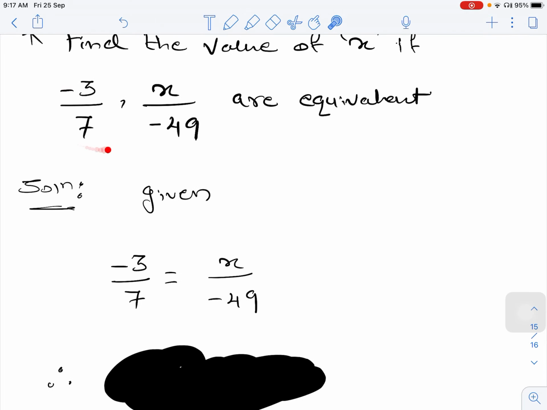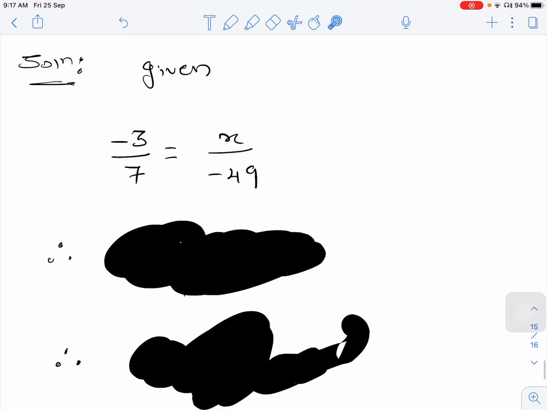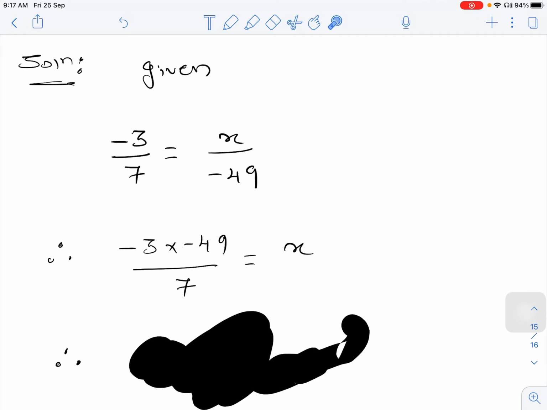So now we have minus 3 upon 7 is equal to x upon minus 49. Okay, now in the next step what we have to do, we will keep this x on one side, and all the remaining numbers on the other side. So let us see what happens if we do it in such a way. Now here in this step, this minus 49 was dividing. So what we have done, we have changed its side. So here it is multiplying.